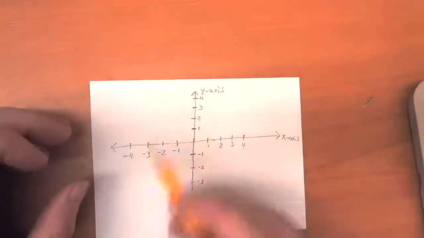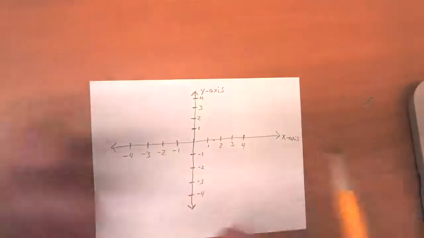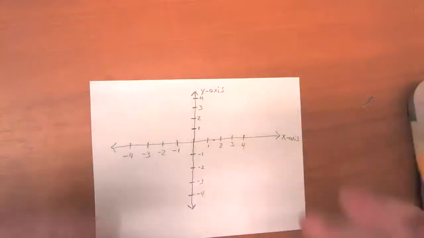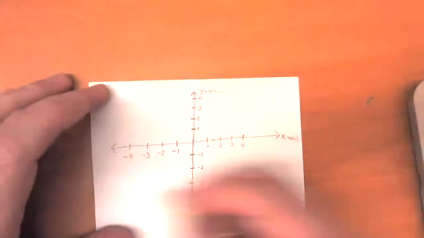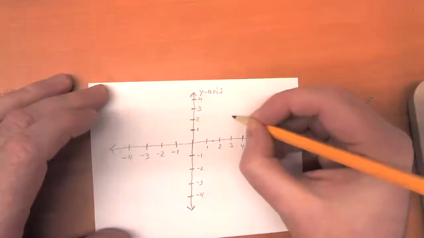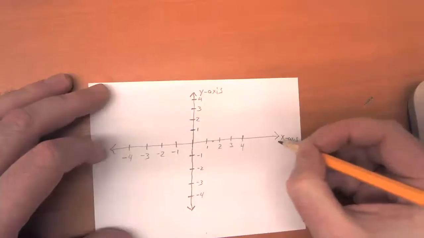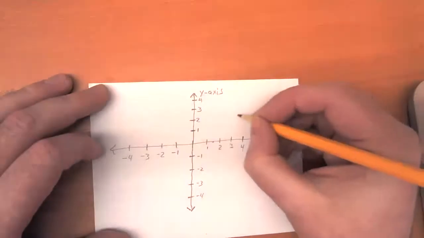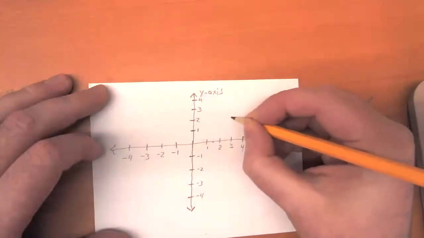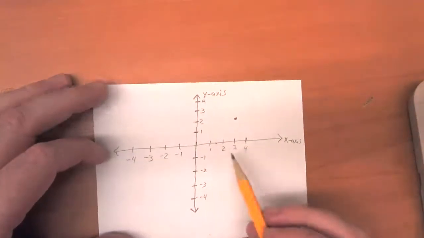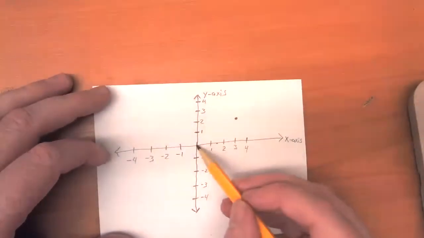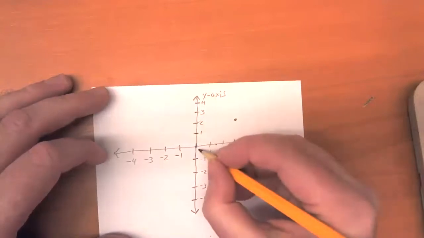So we use this scheme to give a coordinate pair, kind of an address, to every point in the plane, the same way that every point on the number line has a number attached to it. So for instance, if I've got this point over here and I want to know its coordinates, we start off from where the x-axis and y-axis meet.